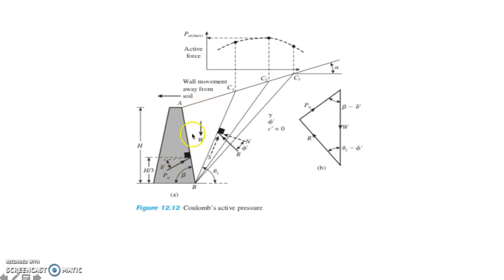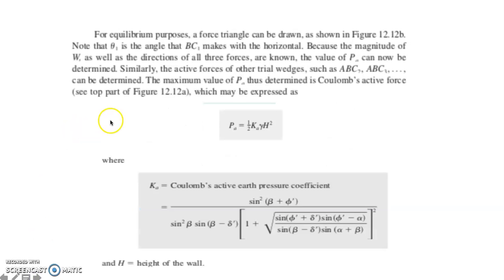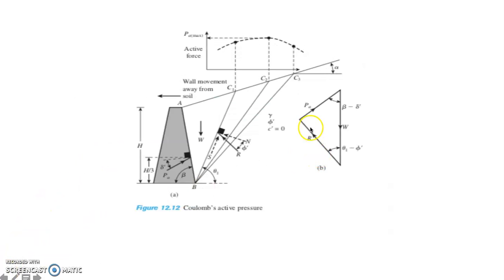Those are the forces that you're going to consider in the analysis for the active force acting on the retaining wall. For equilibrium purposes, a triangle can be drawn as shown in our figure. You have here the force polygon. From this failure wedge, we isolate it, so we draw the force polygon.